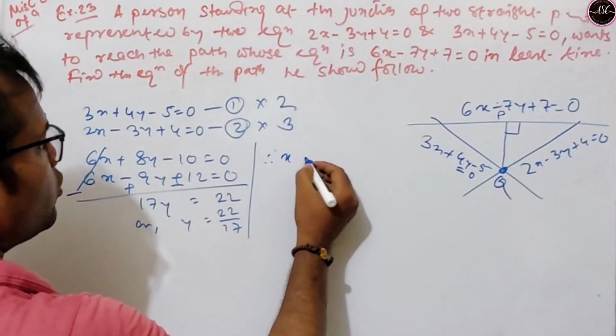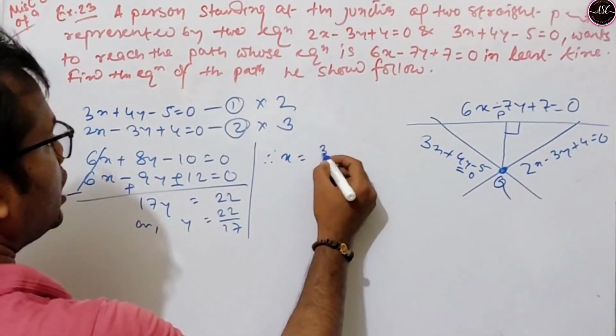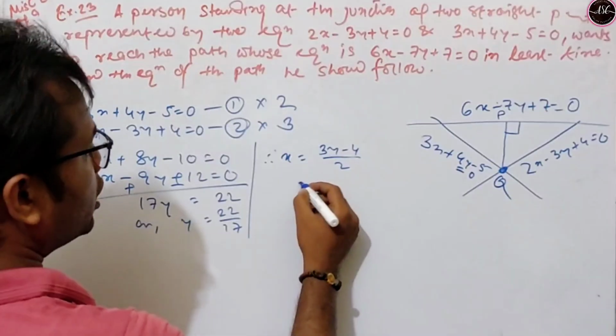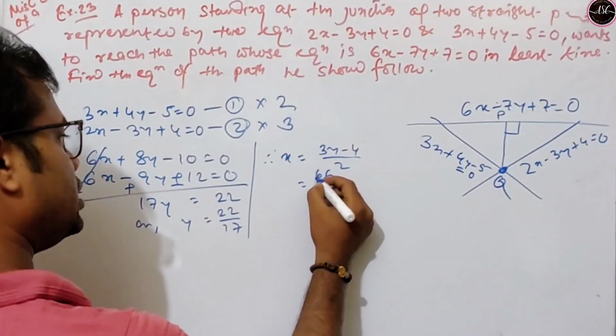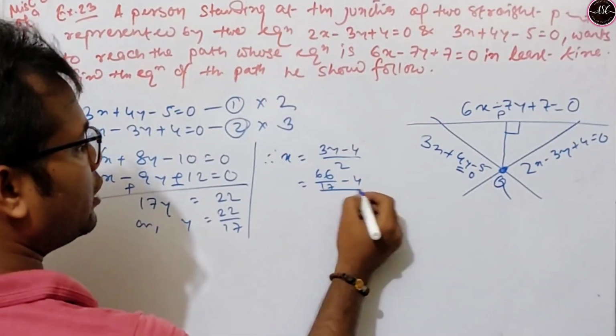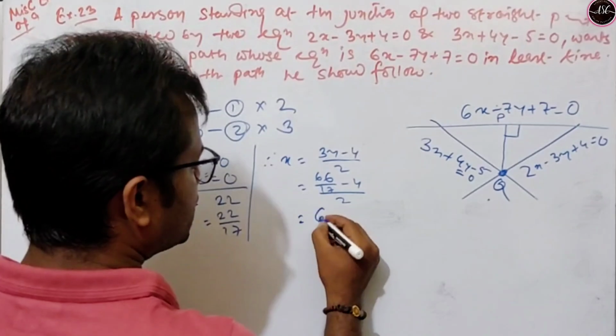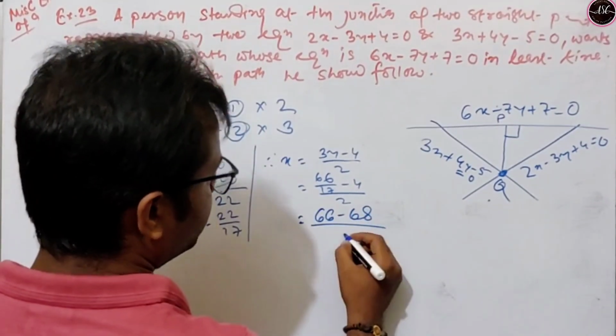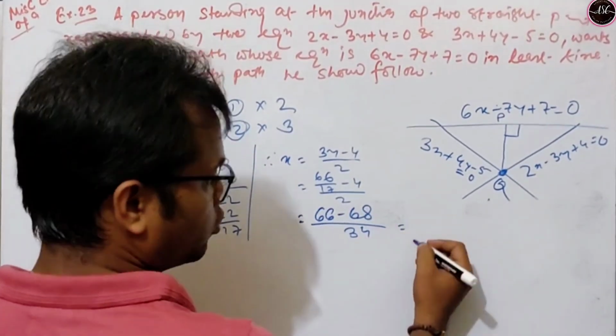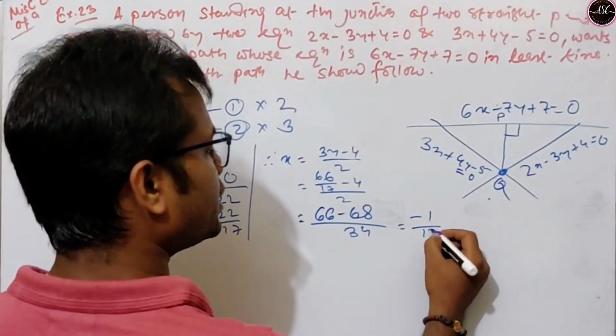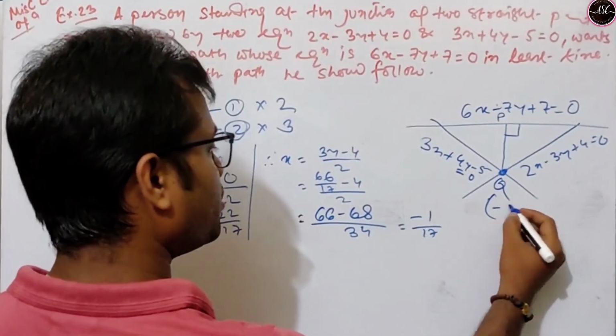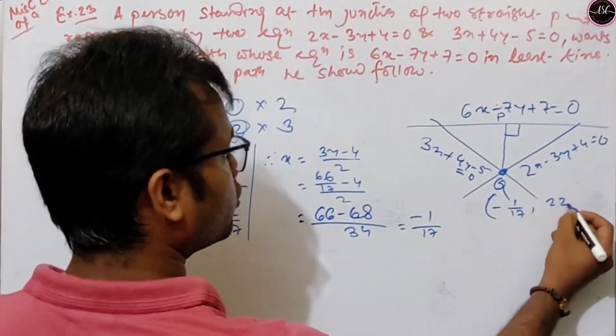Therefore, x equal to 3y minus 4 divided by 2. Therefore, 66 by 17 minus 4 by 2. So that will be 66 minus 68 divided by 34. That means minus 2 by 34. That means minus 1 by 17. So the coordinate of Q is minus 1 by 17, comma 22 by 17.